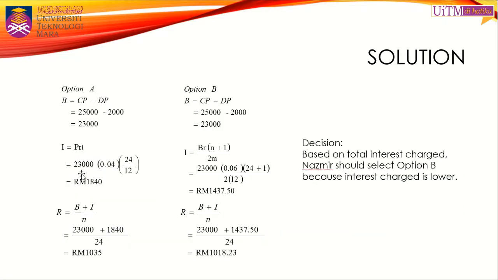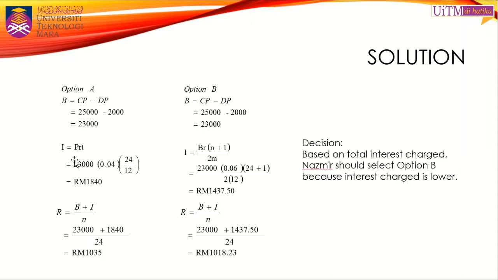Okay, option A here, you have the balance to be 23,000. For option B also, the same thing, the balance is 23,000, that is 25,000 minus 2,000. For option A, the interest rate is 4% based on flat rate. So that means you are using interest rate based on the original balance.